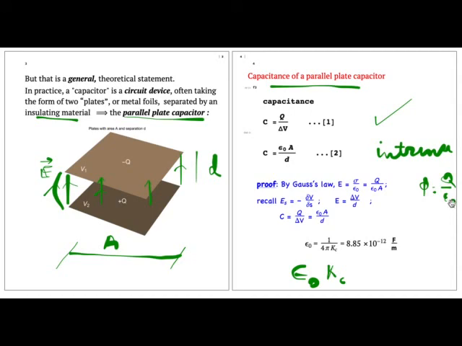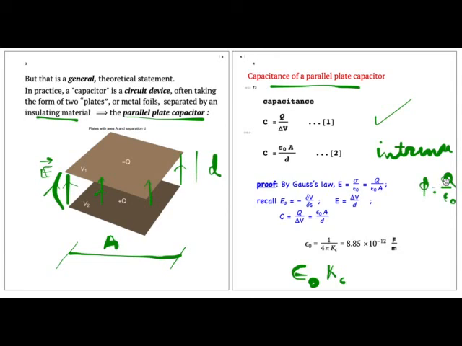Okay, so the imaginary surface I'm going to take is a little cylinder cutting through one of the plates only. Well, there'll be flux for the part of the cylinder inside the volume, and then the charge enclosed will be sigma times the area of the ends of that little cylinder.